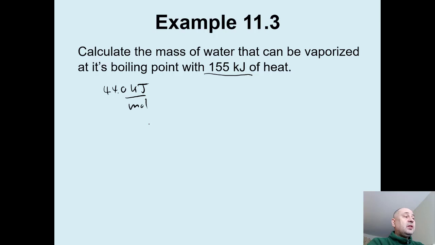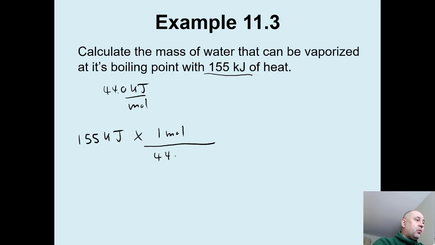So I can actually calculate based on that. I can use this conversion factor and say there's 155 kilojoules. Dimensional analysis, again important, always write your units down. So you set that up, so you want to multiply by 1 mole divided by 44.0 kilojoules, right? So we are canceling that, but that's not the question. We're not after moles, we are after mass.